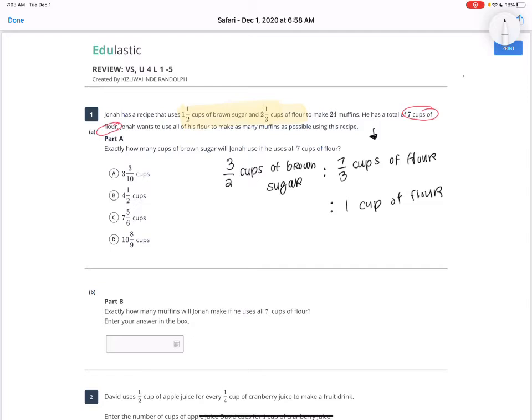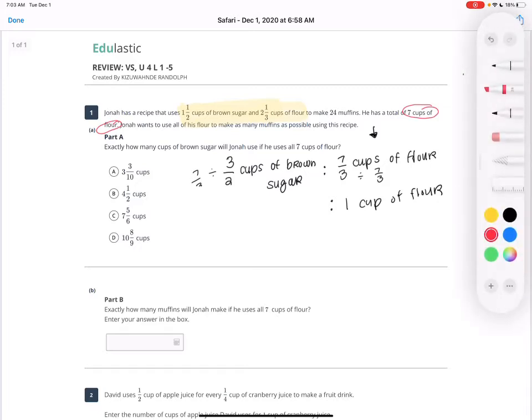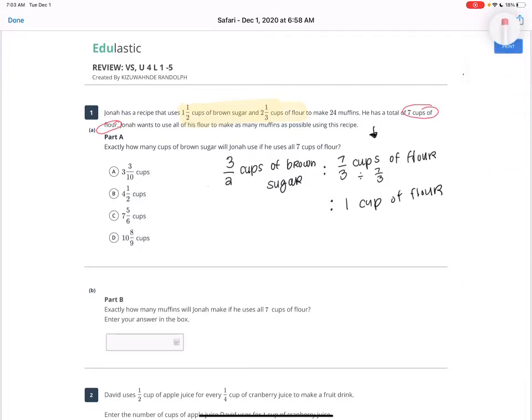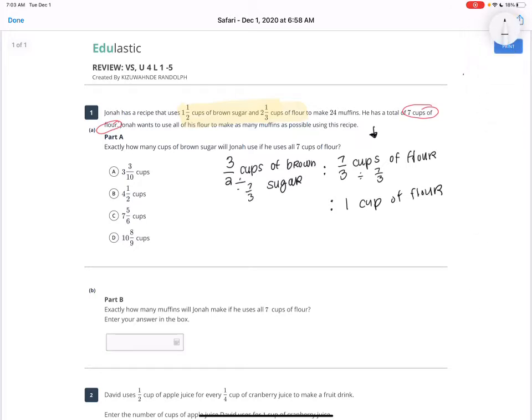So I'm going to divide a number. Anytime you divide a number by itself, it is equivalent to 1. So 7/3 divided by 7/3, and whatever you do to one side, you have to do to the other side. And let me erase that because I don't want you guys to think that we're going to divide that first. There we go.